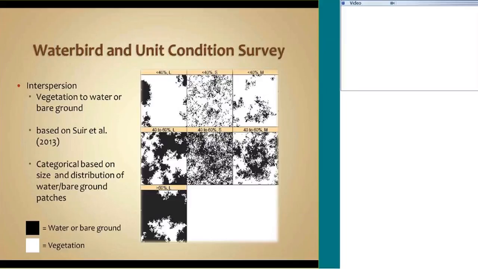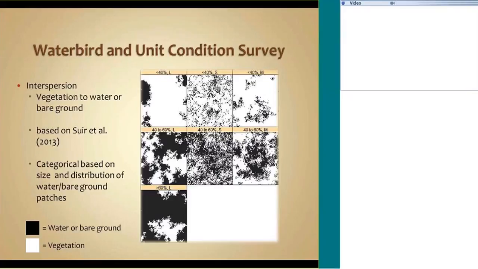Interspersion is one that we are now doing on the bird surveys, and this is one that we got a lot of participant feedback on in the first couple of years. It's kind of a squirrely thing to get a handle on. But we got lucky, and there was a recent paper that talked about different levels of interspersion, so we grabbed that 2013 reference and revised the interspersion metric based on it.